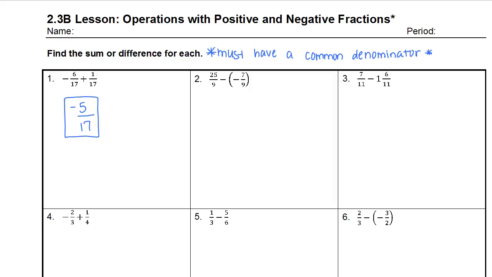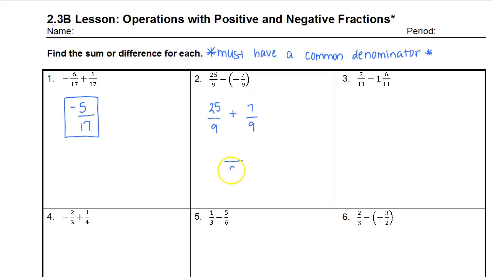For number 2, I noticed that the denominators are the same, but this time I'm subtracting a negative fraction. So just like we learned earlier in Module 2, we're going to rewrite this problem as addition of the opposite. So my 25/9 will stay the same, but I will change subtraction to addition, and my -7/9 will become +7/9.